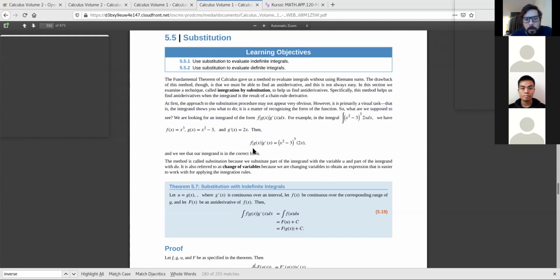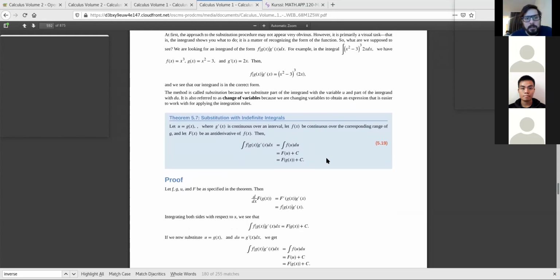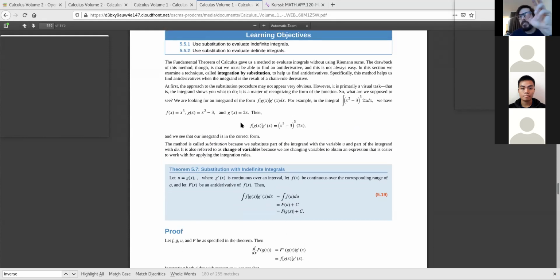If we have an inner function g(x) and then g prime of x, whose derivative is this? So we want to find a substitution such that we can immediately see that this is of the form f of g of x times g prime of x.